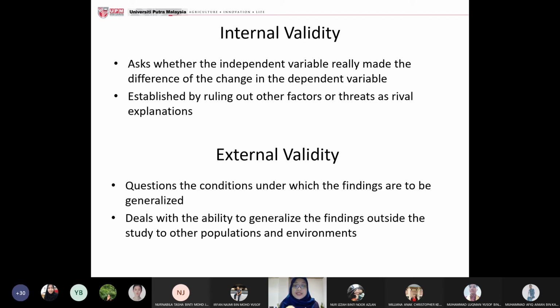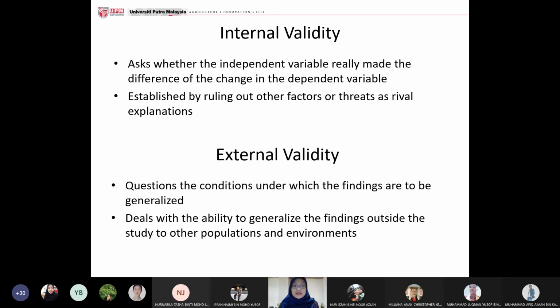Whereas if you're doing qualitative study, because you don't have the numbers, you have the data in terms of words, you cannot give numbers basically to how valid the relationship between the two is.